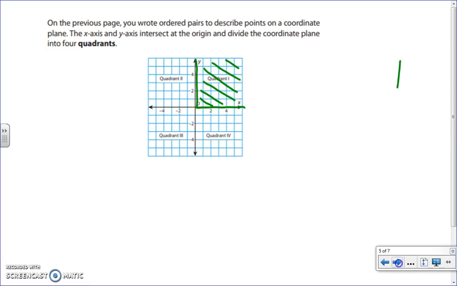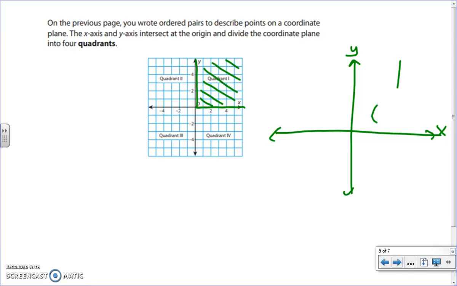You'll see what we call Roman numerals for this. So in the top right-hand corner is Roman numeral 1. We can just say 1, quadrant 1. And there's something special about all the coordinates in quadrant 1. They're all positive on the x-axis because you have to move to the right, and also positive on the y-axis because you have to move up into the first quadrant.